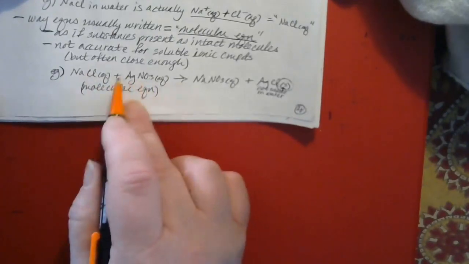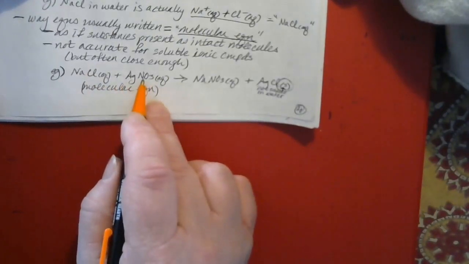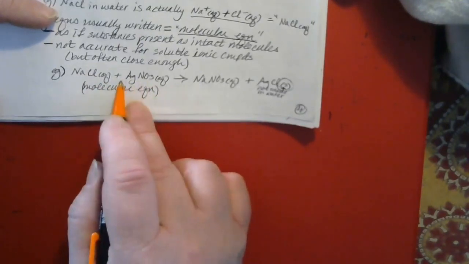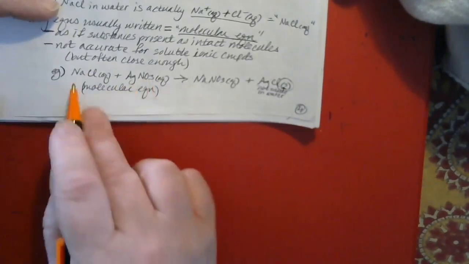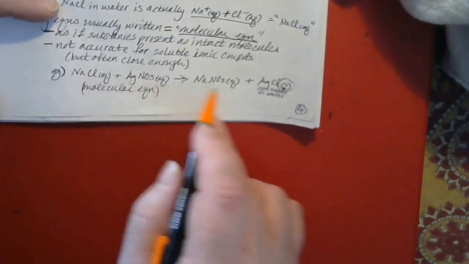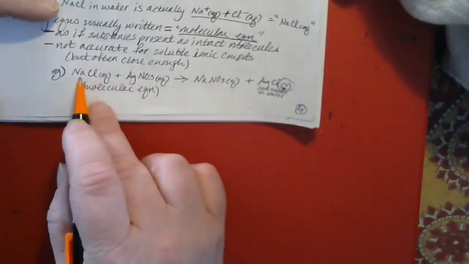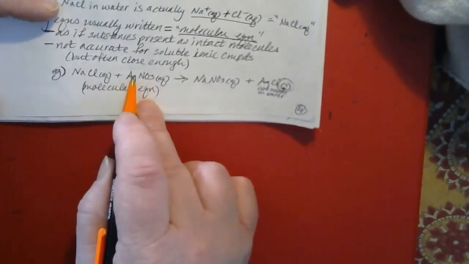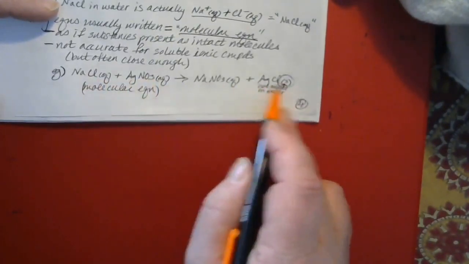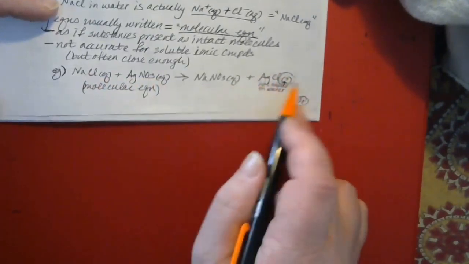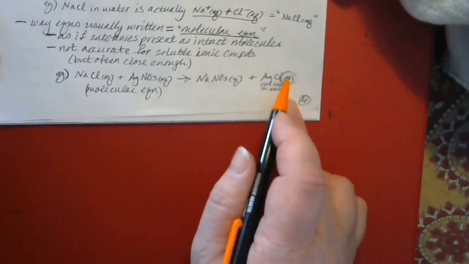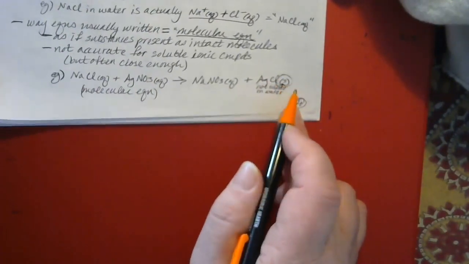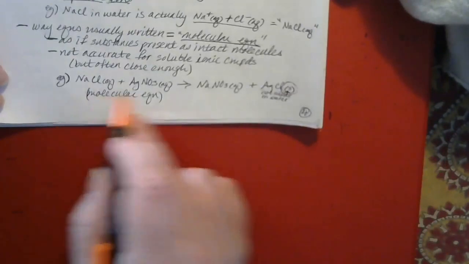For silver nitrate, silver is the cation, nitrate ion is the anion, and they basically switch partners. So what you get out is sodium nitrate, that is sodium comes out with nitrate, and silver comes out with chloride. But as it turns out, silver chloride is not soluble in water. So we write that as AgCl with an s after it for solid. And that would be our molecular equation for this reaction.